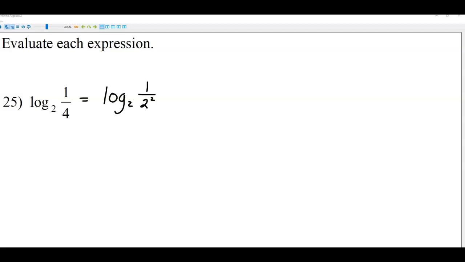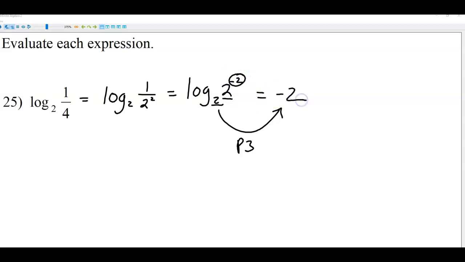I don't like the fact that it's a fraction. We can fix that. I can make it 2 to the negative 2 because a negative power is the same thing as a fraction, so we can just rewrite it with a negative 2 power. Now that I've got it set up the way I like, I can use property 3. These match, so the answer is simply the exponent.